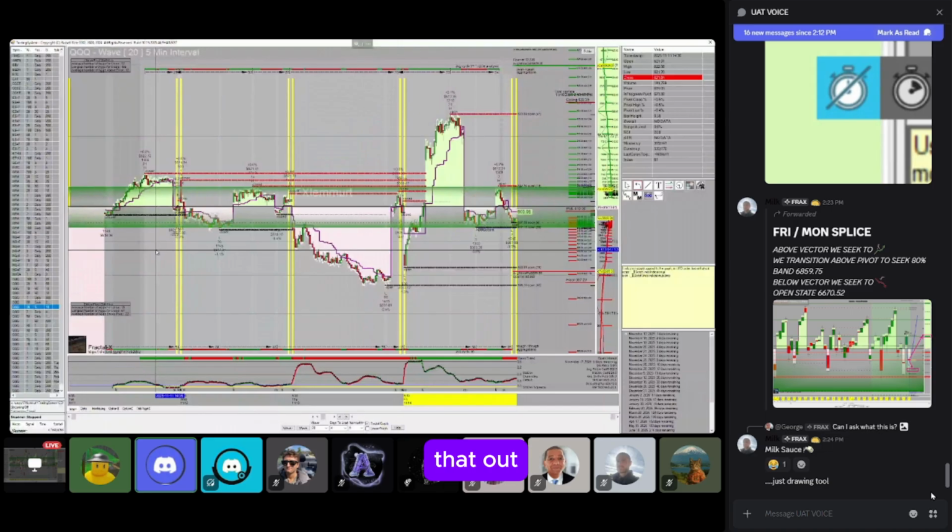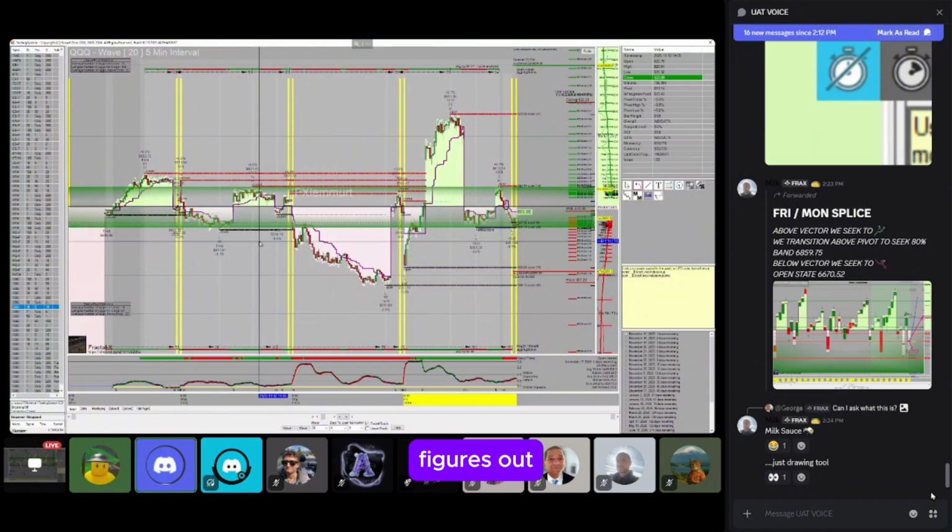It figures that out based on us training it to the wave and the aggregation. We say, use this wave and aggregation, learn this, and then show me what that looks like. From that it figures out where those averages are, so we know where we need to break them to have a trend.